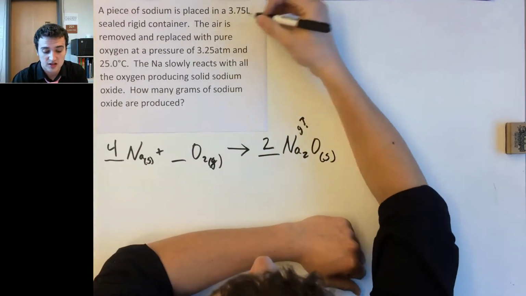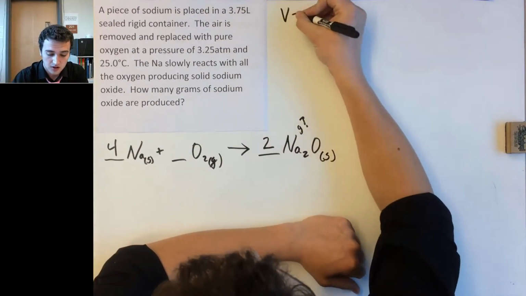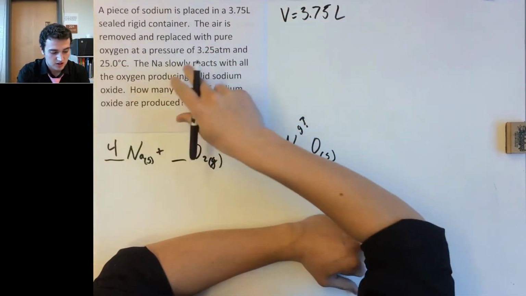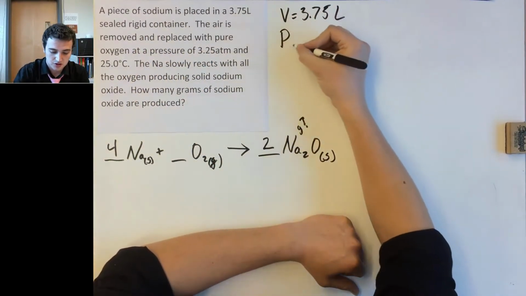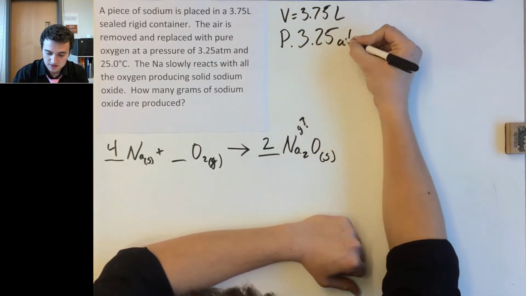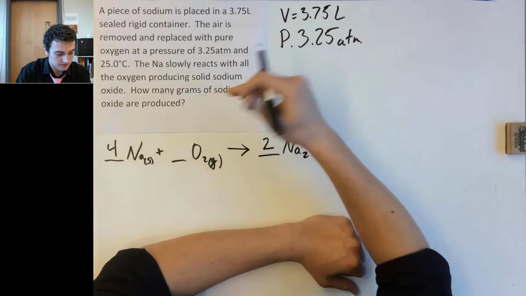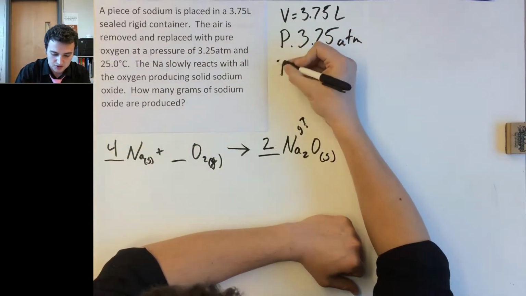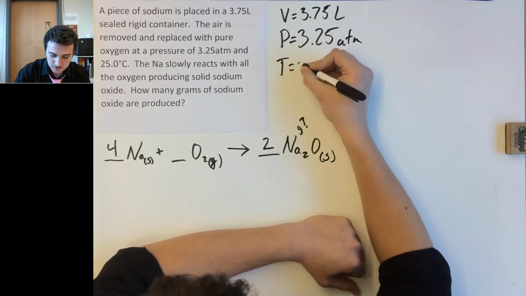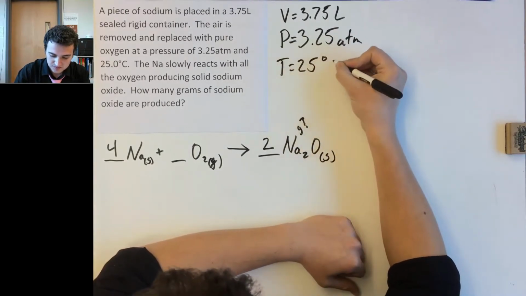So we see that it gives us a volume of 3.75 liters. It also informs us that there is a pressure of 3.25 atm, or atmospheres, and it has a temperature of 25 degrees Celsius.